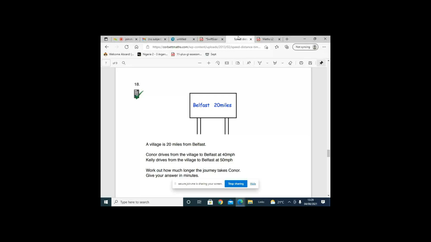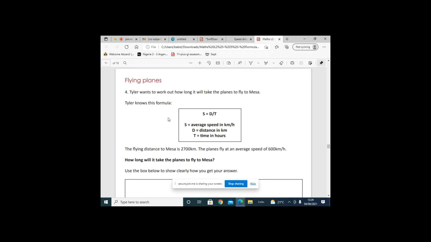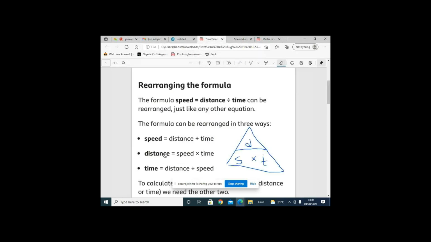I told you there are basic formulas. Speed equals distance divided by time. Distance equals speed times time. And time equals distance divided by speed. In this question, they ask you to work out time. Time equals distance divided by speed.